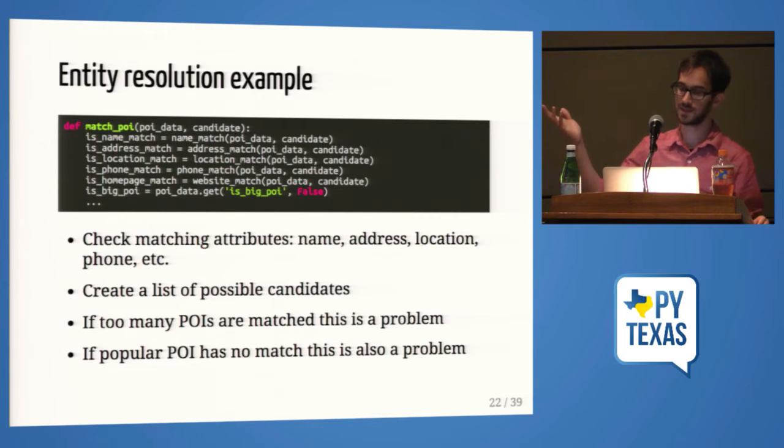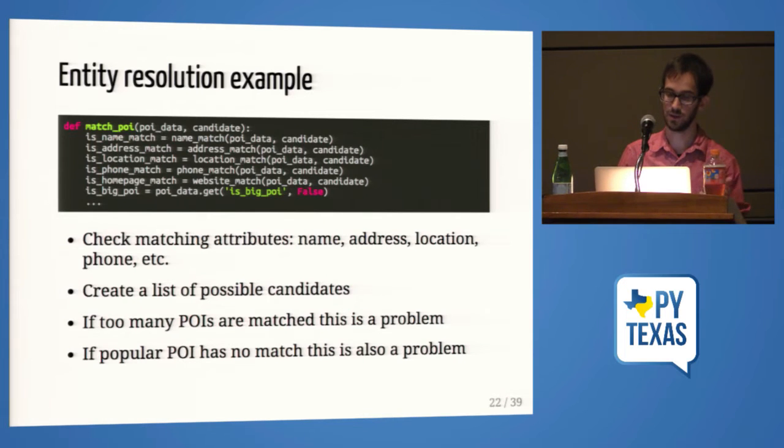This is an example of how we start to do the matching. We try to match the name, the address, the location, phone, website, whatever we can. There's a long list. We try to understand if it's a big POI, or how big this POI is, based on, let's say, its category. If it's a national park, then it's a big POI. If it's a restaurant, probably not that big.